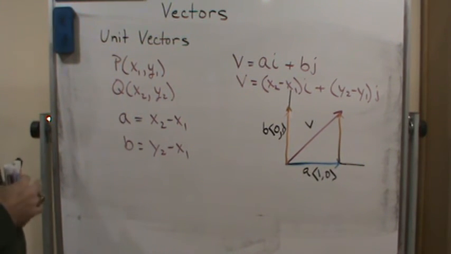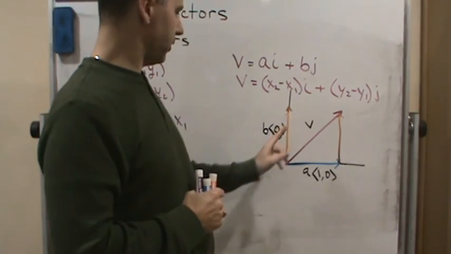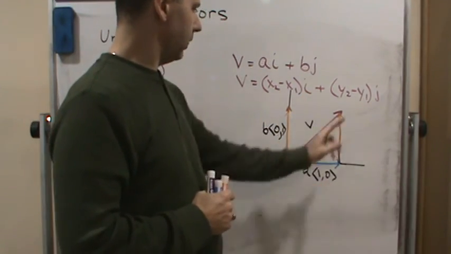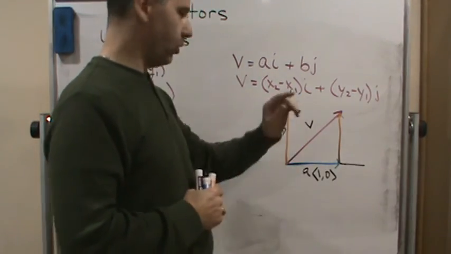And again, i is the vector 1, 0, and j is the vector 0, 1.